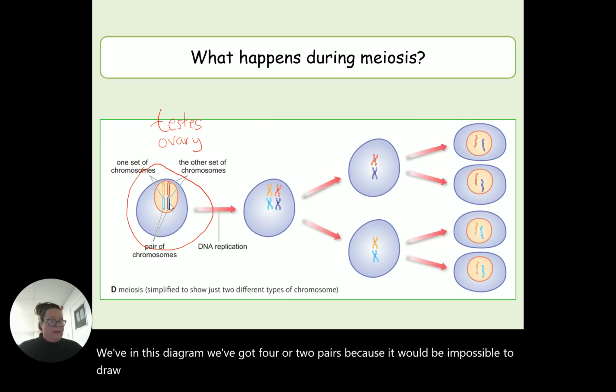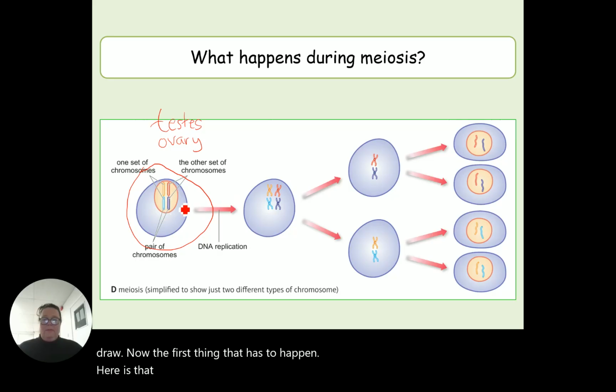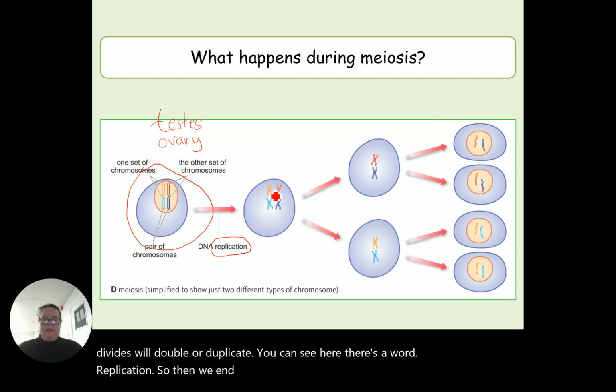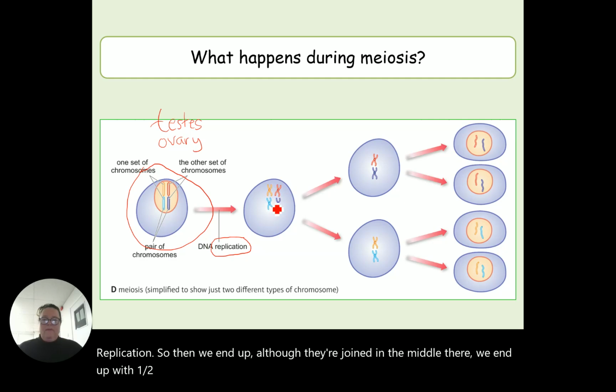Now, the first thing that has to happen here is that these chromosomes, remember they're only visible just before the cell divides, will double or duplicate. You can see here, here's the word, replication. So then we end up, although they're joined in the middle there, with 1, 2, 3, 4, 5, 6, 7, 8 chromosomes.